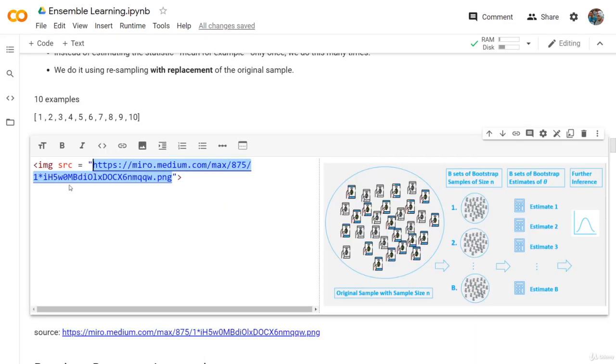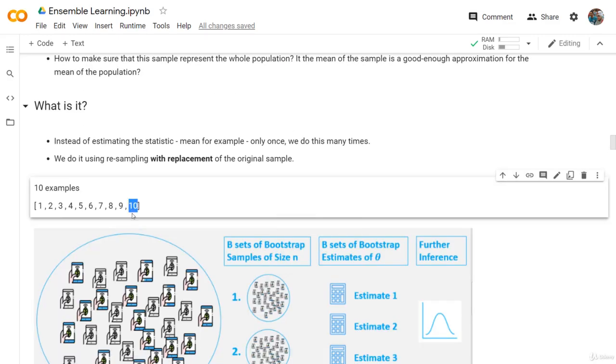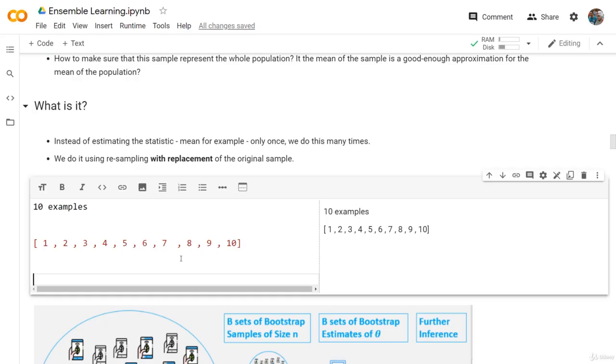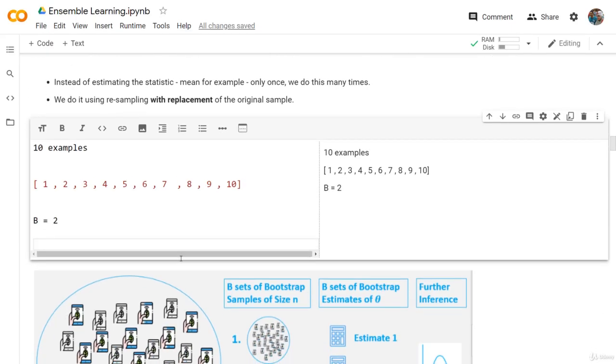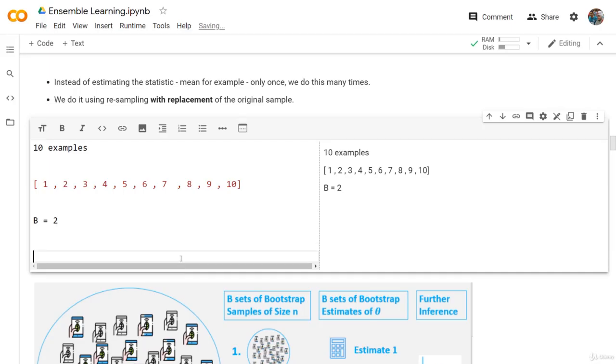So I will have here the first set, b equal to 1. If I do this sampling with replacement, then I might end up with the first set being 1, 2, 1, 3, 6, 1, 2, and then 3, and then let's say 9, right?